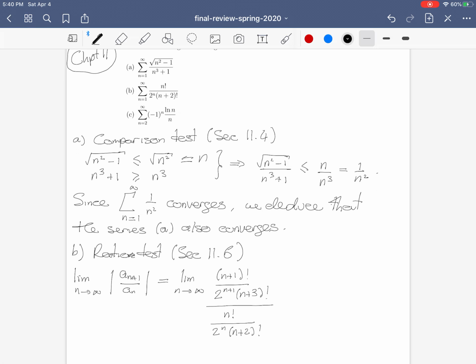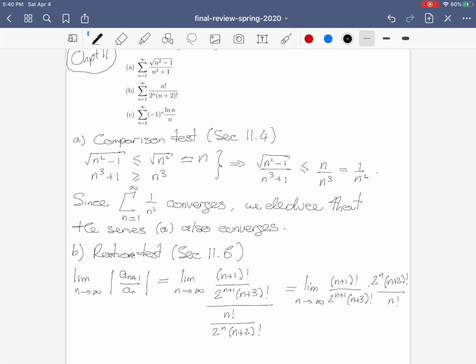Of course, all the terms here are positive, so we can get rid of the absolute values. Okay, let's simplify this. Before we do, let's write this in a slightly less unpleasant way: (n plus 1) factorial times 2 to the n times (n plus 2) factorial, all divided by 2 to the n plus 1 times (n plus 3) factorial times n factorial.